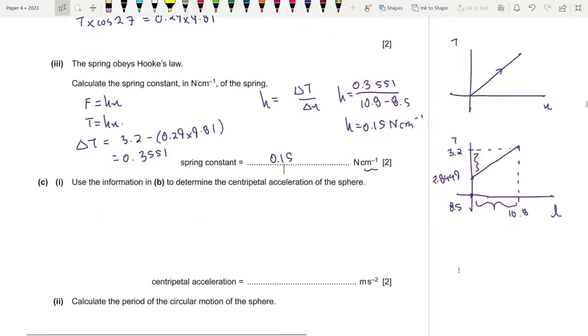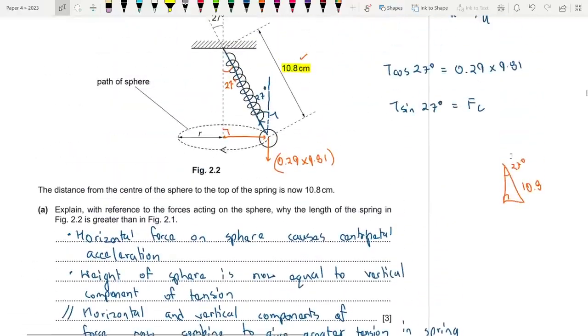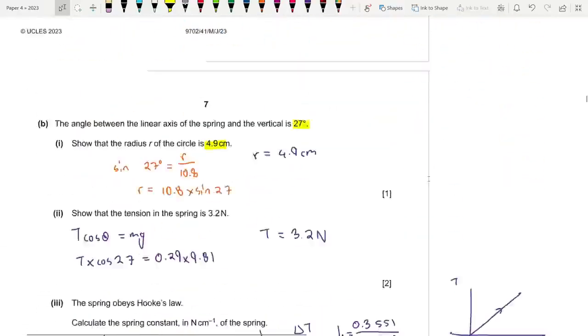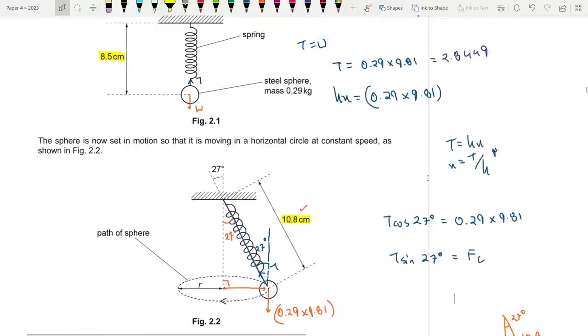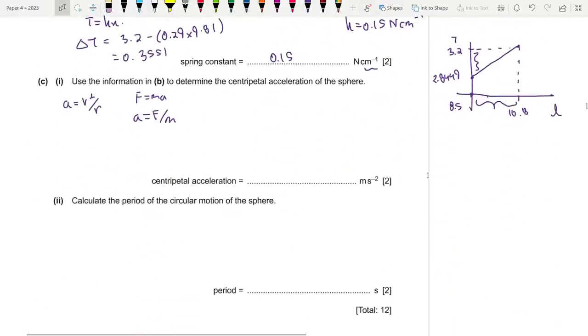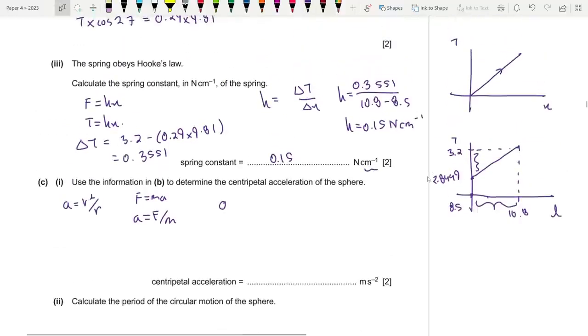Use the information in B to determine the centripetal acceleration. So guys, we know that the formula of centripetal acceleration is A is equal to V squared by R. We also know that F is equal to ma, so A is equal to F by m. It depends on what we have. Since we don't have the velocity but we have the force, which is T sine theta, and we also have the mass, 0.29, A is equal to T sine theta divided by 0.29.